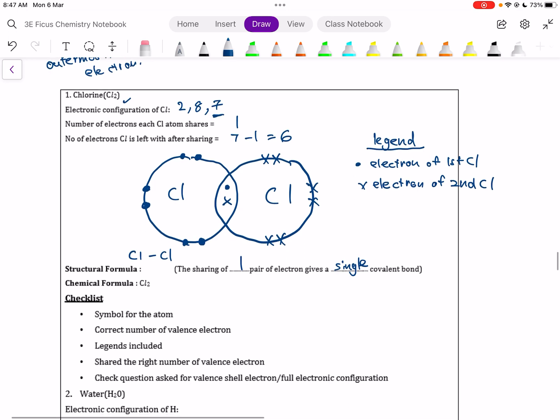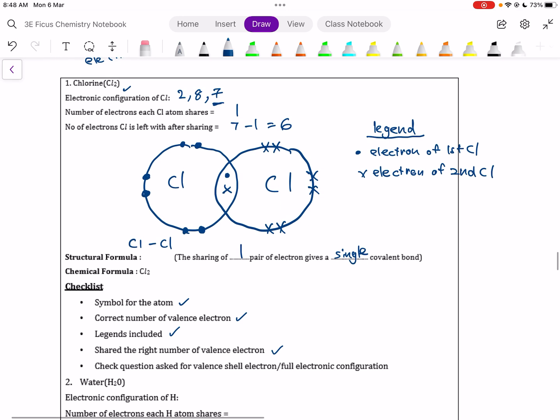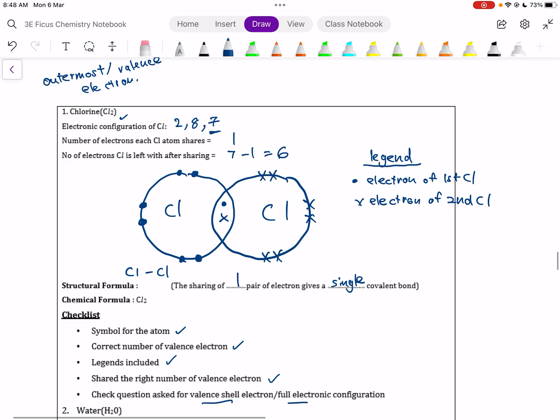Do use this checklist: did you put in the symbols, and the correct number of shared electrons? Yes, because it's one. Legend included? Yes. Then check the right number of valence electrons. Check whether the question asks for the outermost shell or the full shell. In this case I'm just drawing the outermost.